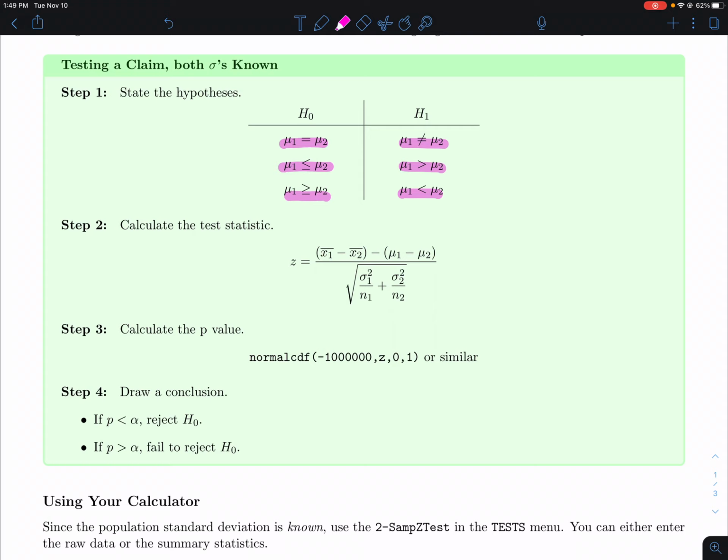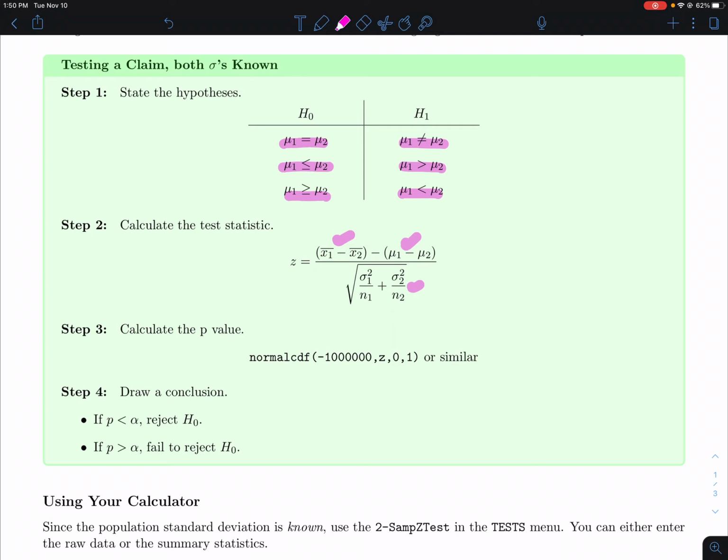Notice our test statistic to find our z-score, instead of just being x minus mu divided by the standard deviation, in this case, we've got to take the difference of the sample means, minus the difference of the population means, and then all divided by the square root of the variances added together. So again, it's a little bit trickier to calculate the test statistic, but it's not terrible. So we can do it.